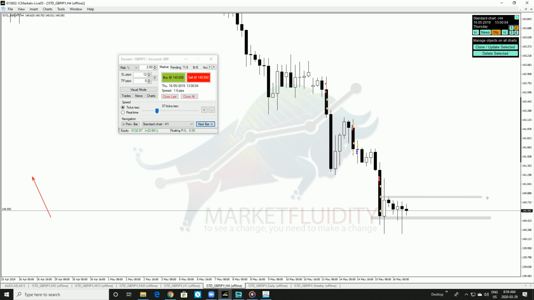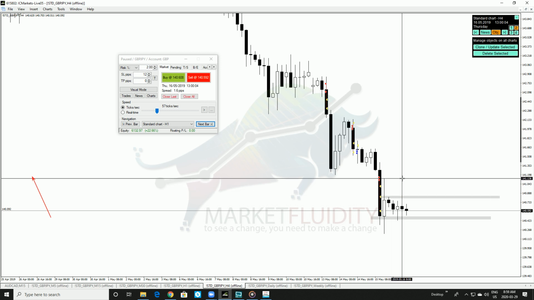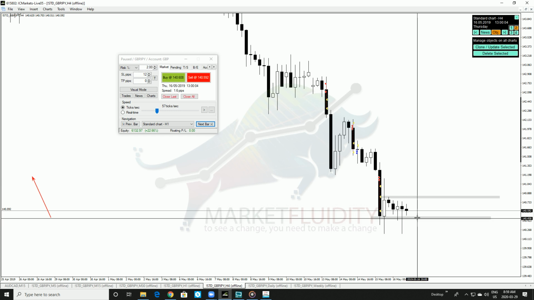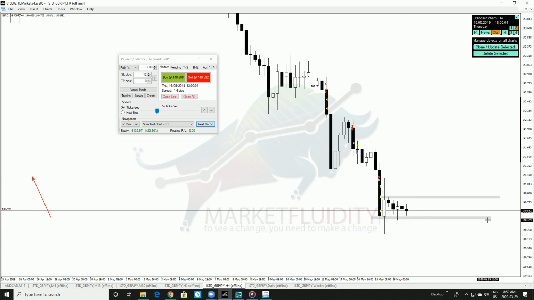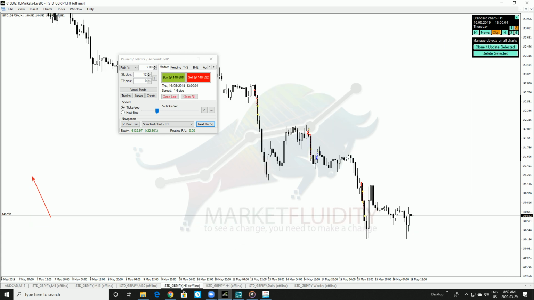If we break this resistance, we might head off to retest this wick around 141, 140, which is like 30 pips away. If we break below, then obviously we're going to continue to go down. So we're going to clone these on the 1-hour chart.